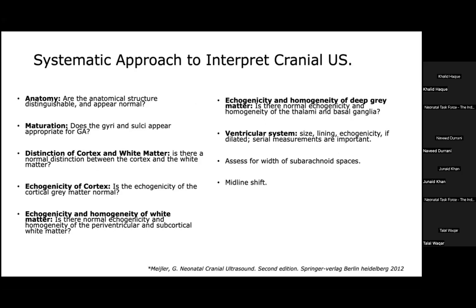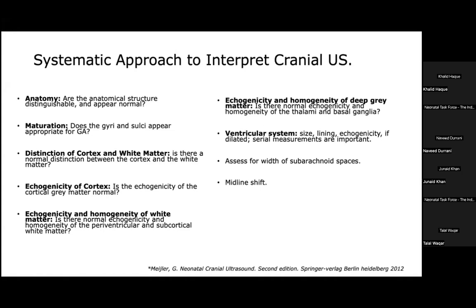So how can we approach and interpret the cranial ultrasound? First, see the anatomy. Do the structures appear normal? Are they distinguishable? Does the maturation of gyri and sulci appear appropriate for gestational age or not? Also distinguish between the gray and white matter. Is the echogenicity of the cortex normal for cortical gray matter?